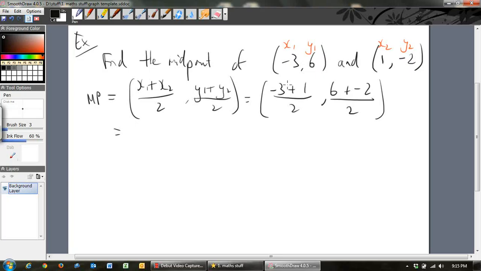Simplify that down and you get -3 plus 1 is -2, so that's -2 over 2. And here we've got 6 plus -2, 6 minus 2 is 4 over 2. And what that is equal to, -2 over 2 is -1, 4 over 2 is 2. And so that is your midpoint.